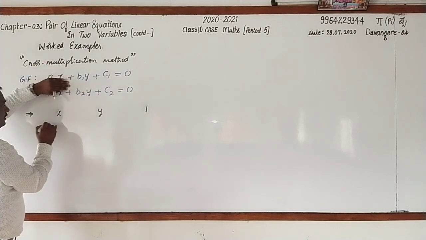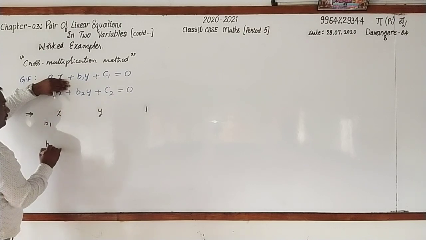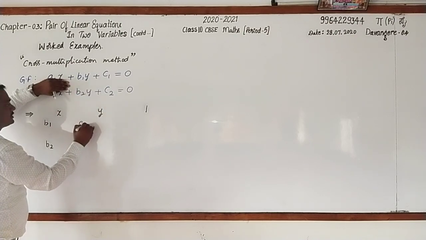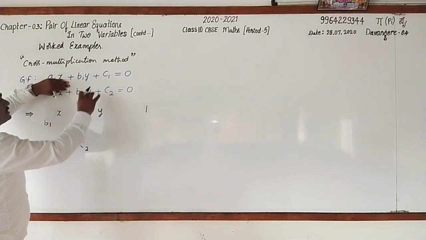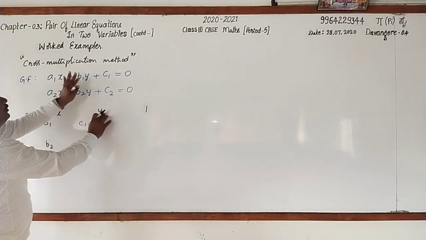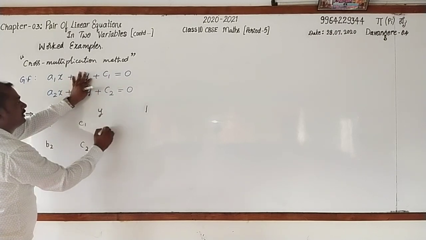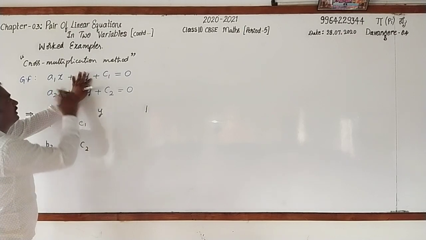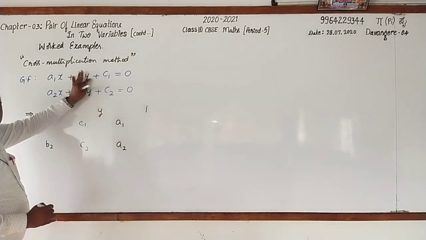We write remaining, that is b1, b2, then c1, c2. Clear? Next, for y, we go for leaving the coefficients and remaining, it is c1, c2 are already there. Next, a1 and a2. Got it?